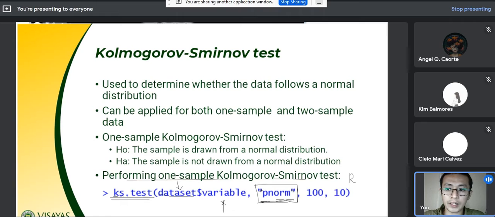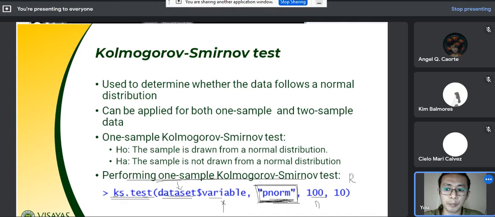Since this is only one-sample data, we are going to pass this argument pnorm. This is again constant. So you don't need to change this argument when you write this code for testing a one-sample Kolmogorov-Smirnov test.